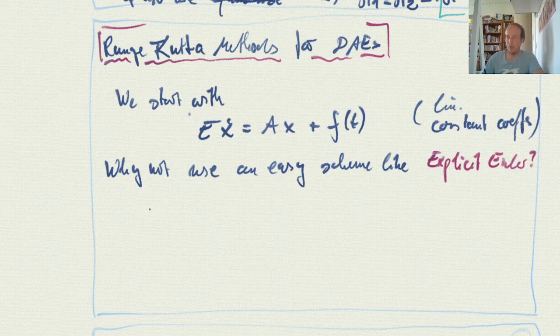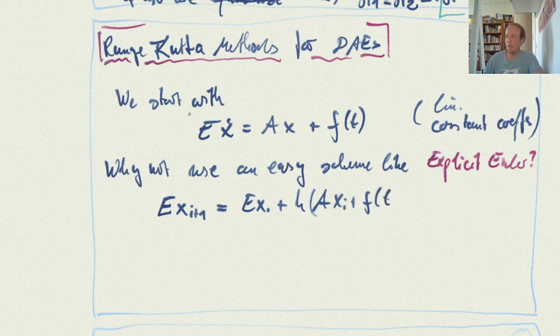Okay, let's see. One step of explicit Euler would actually look like E x_{i+1} as E x_i plus h A x_i plus f of t_i.